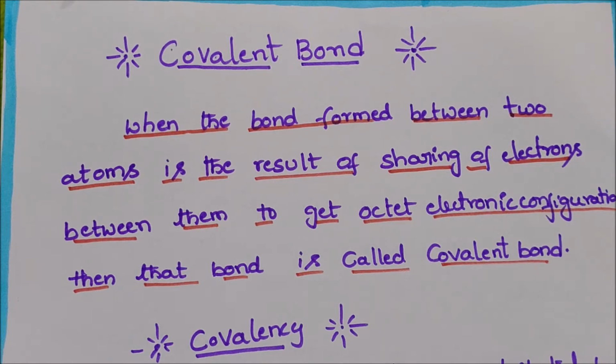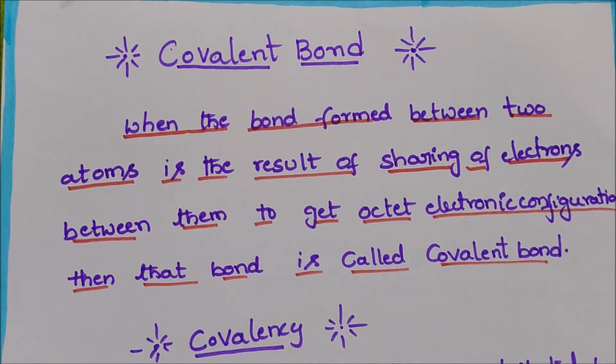One atom shares electrons with another atom to form a bond, and both get octet configuration. Octet configuration means noble gas configuration, that is 8 electrons in the valence shell. Noble gas configuration is stable.